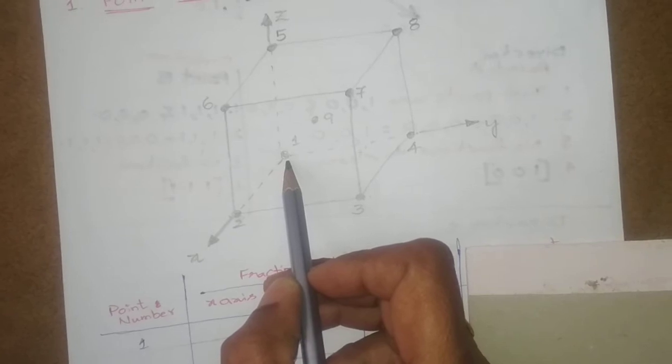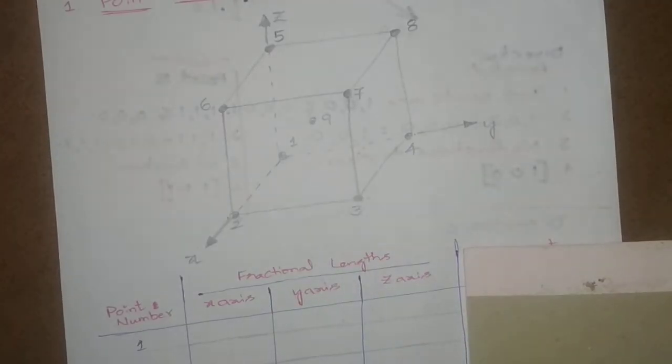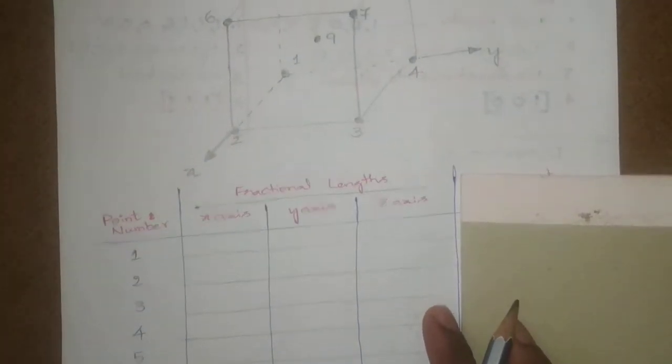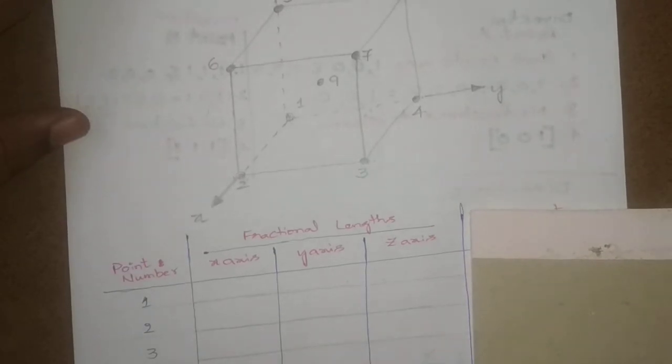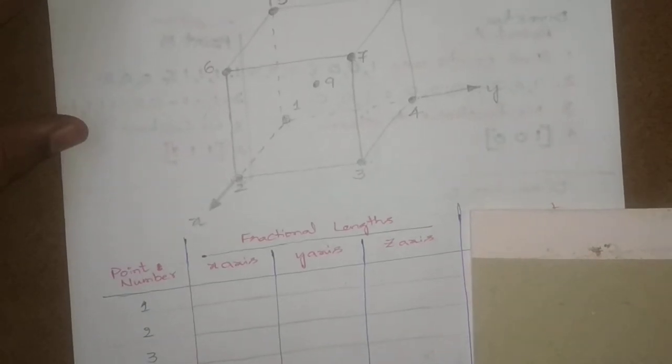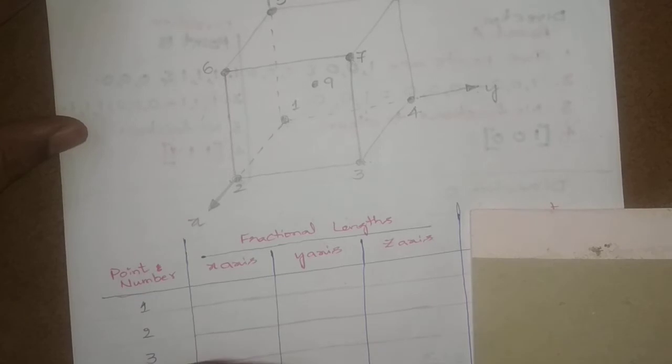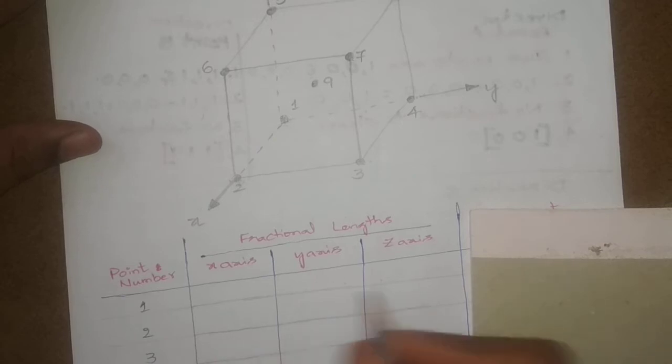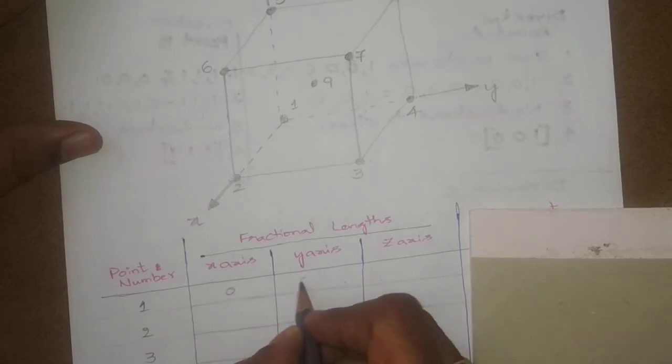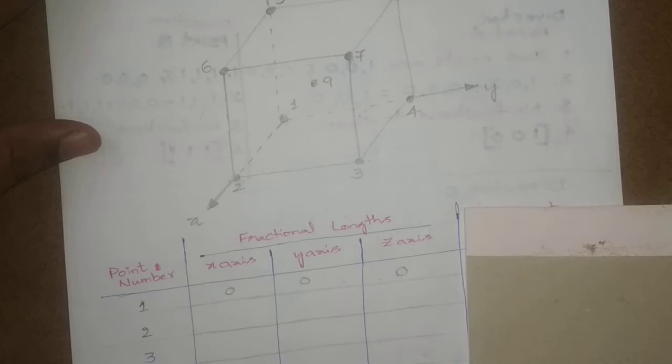Let us mark the coordinates of point 1. Since point 1 is at origin, its x coordinate, y coordinate and z coordinate will be 0. Okay, so 0, 0 and 0.